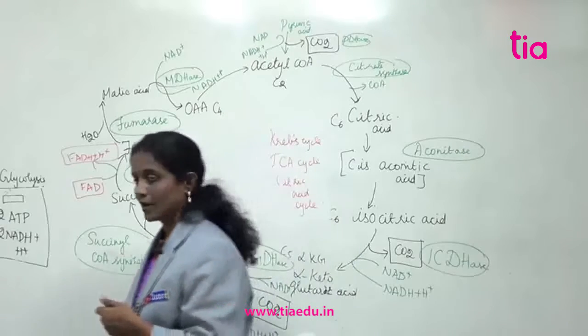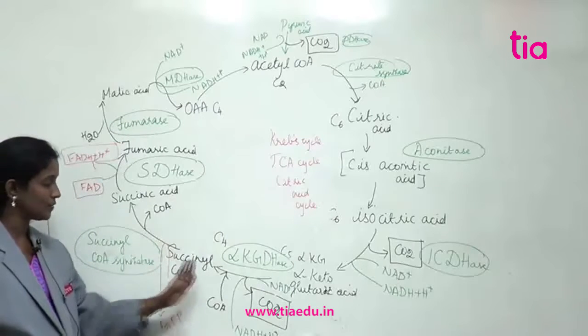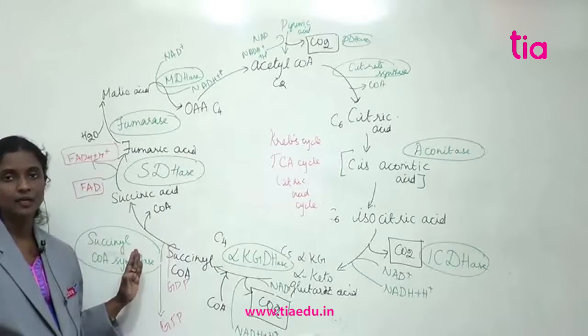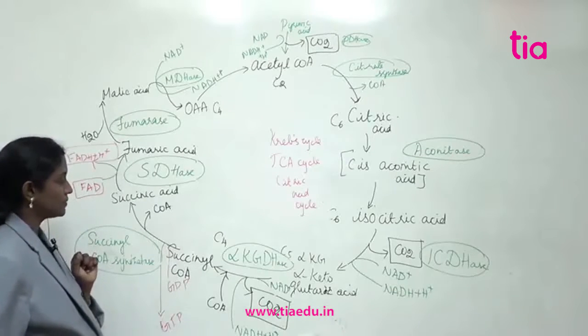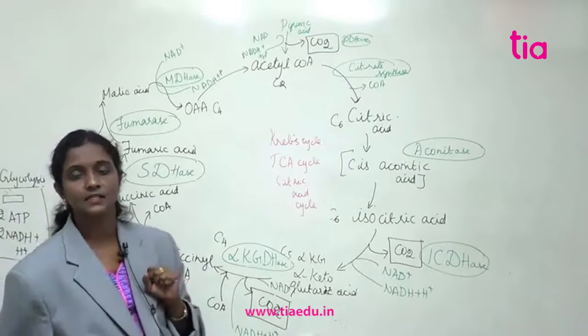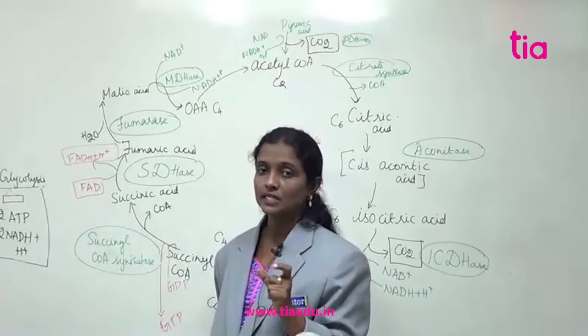Okay, same way the CoA got added here and it became succinyl-CoA. Now hereafter it is going to be only C4 carbon. After removing CoA, it becomes succinic acid. Meanwhile, you have to keep in mind there is a formation of ATP.